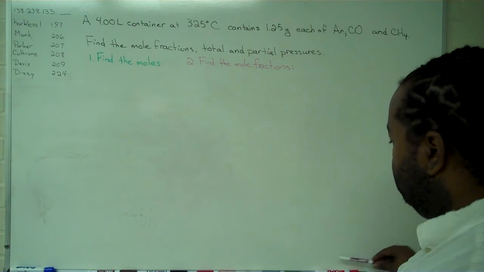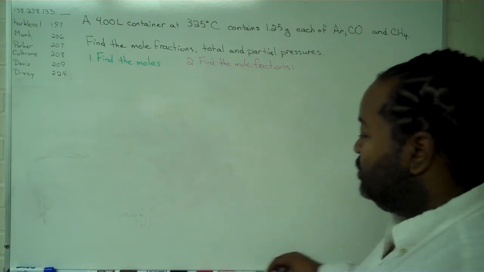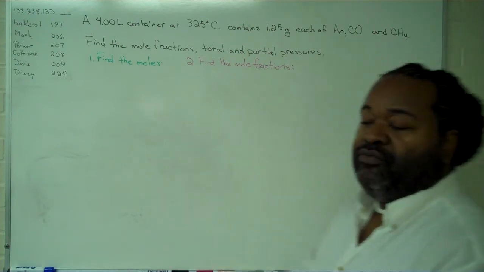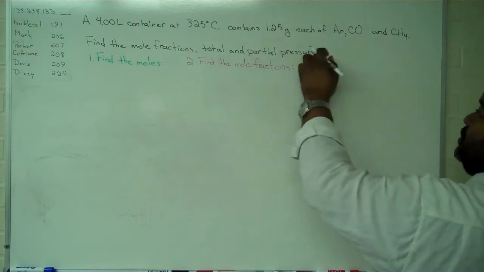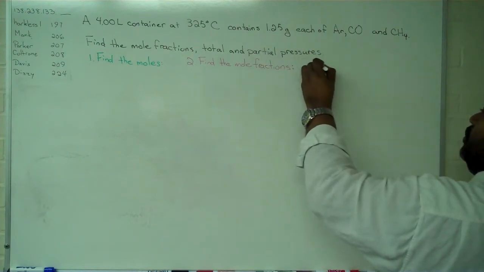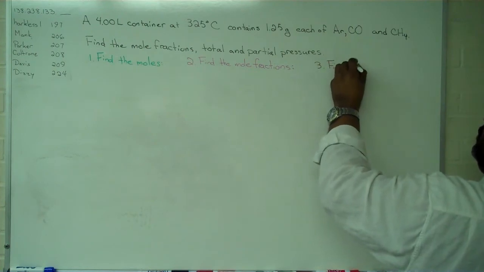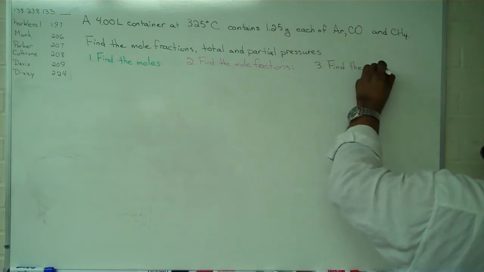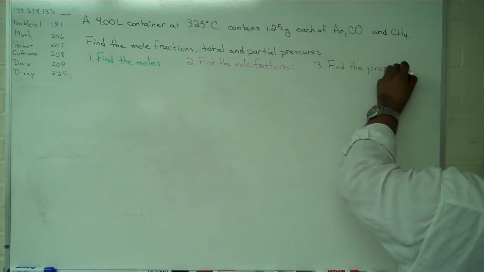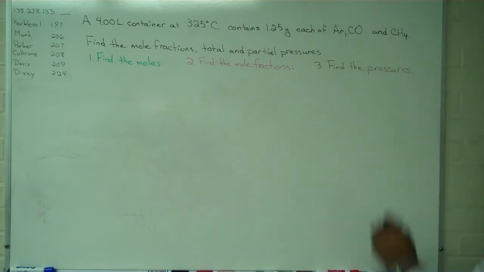And once we have the number of moles and our mole fractions, we'll be able to do our third and final step, which is to answer the total and partial pressures. So we'll be able to find the pressures.